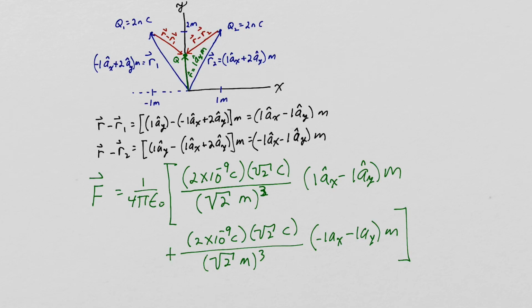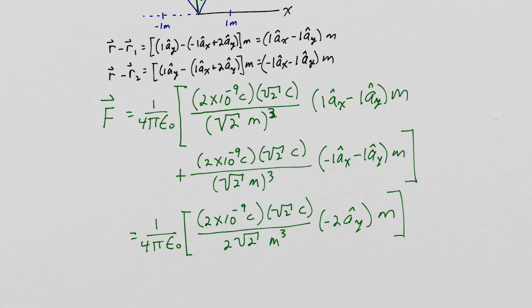When we add them, we see that the components in the x direction will cancel and the components in the y direction will add. After we add those two terms, we can cancel a root 2 in the numerator and denominator, a 2, and this becomes a meter squared.